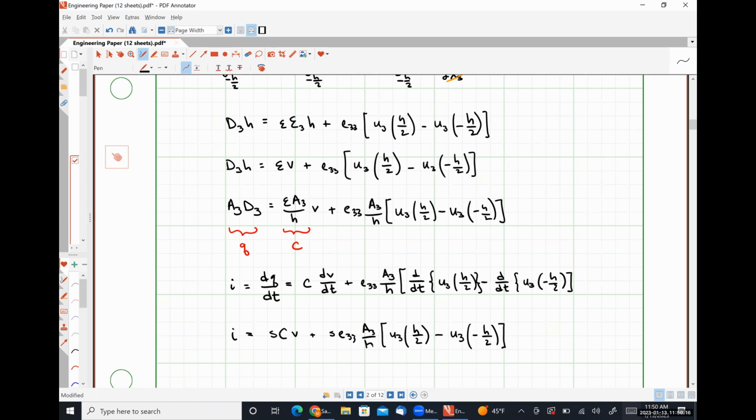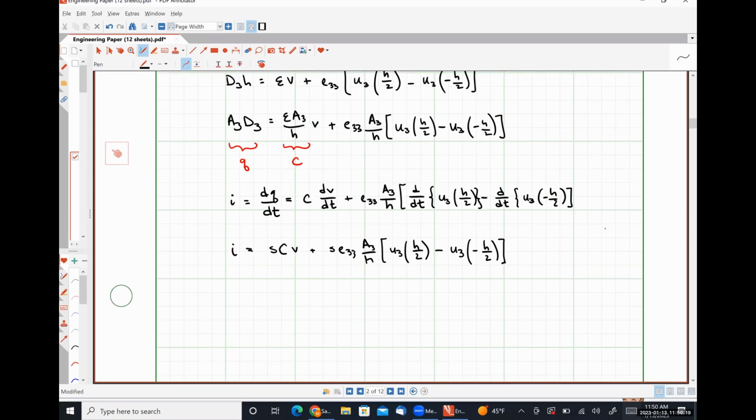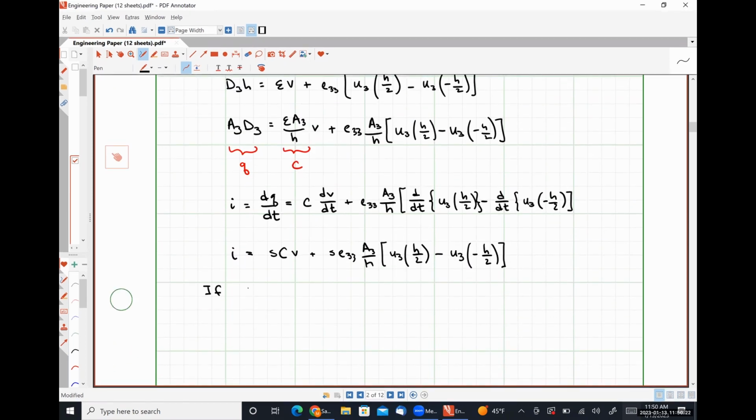So the last thing that we can do here is we can say that if our strain is constant across the thickness of our piezo material, then U3 at H over 2 minus U3 at negative H over 2 represents the change in H. Right?